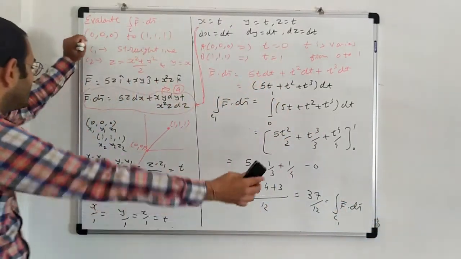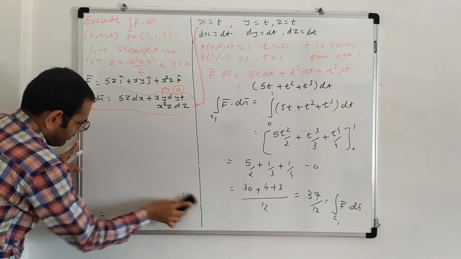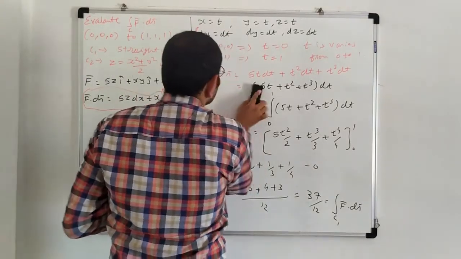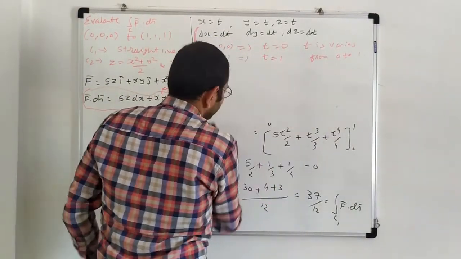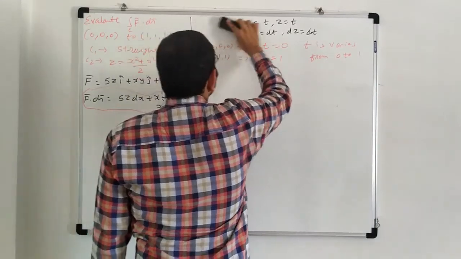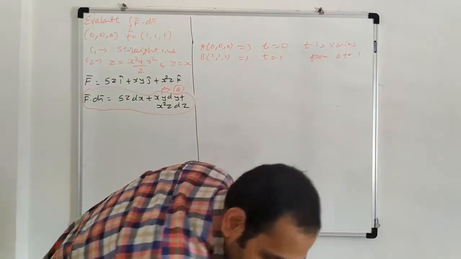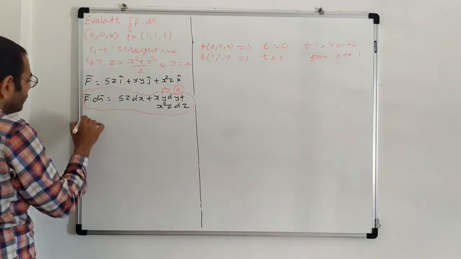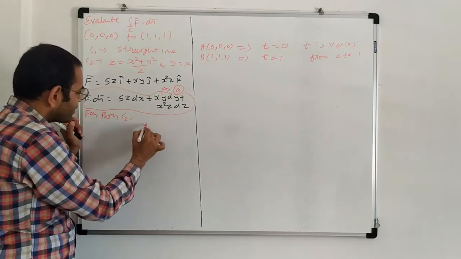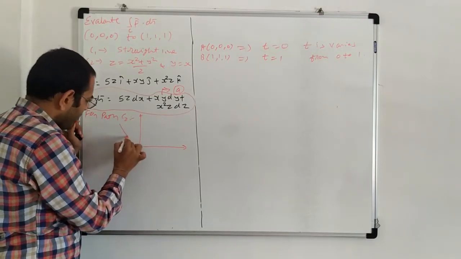Similarly, for the path C2, according to the path C2, here is the paraboloid.